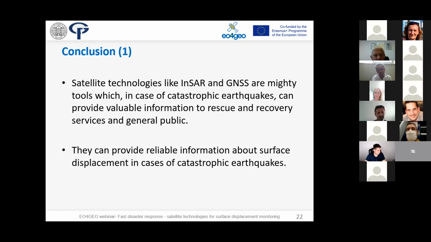So things are progressing, and those technologies will be even more and more powerful soon.